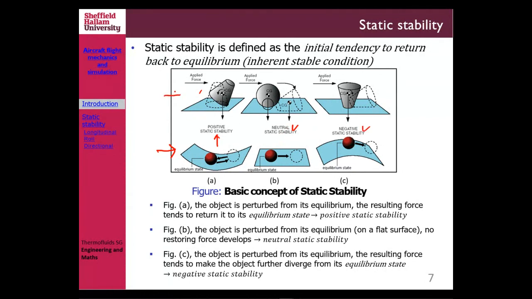There's another example of this with a tumbler. If you put the tumbler upside down like that and perturb it, not with a very big force obviously, then it will tend to return to its original condition. But if the tumbler is on its side, and you move it, it may rotate around, but that is what we call neutral.